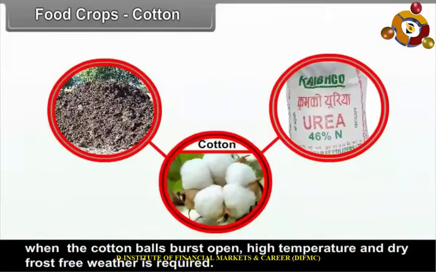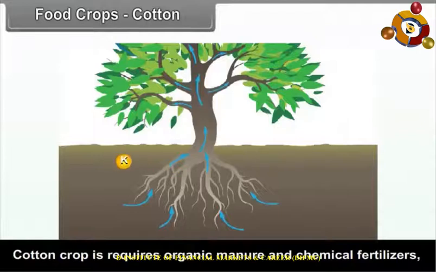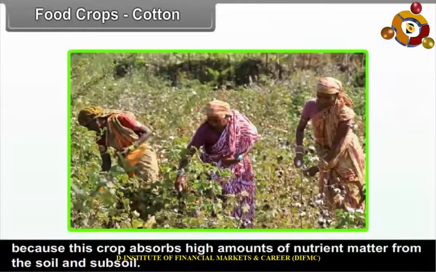Cotton crop requires organic manure and chemical fertilizers because this crop absorbs high amounts of nutrient matter from the soil and subsoil. Plucking of cotton requires large labor force.